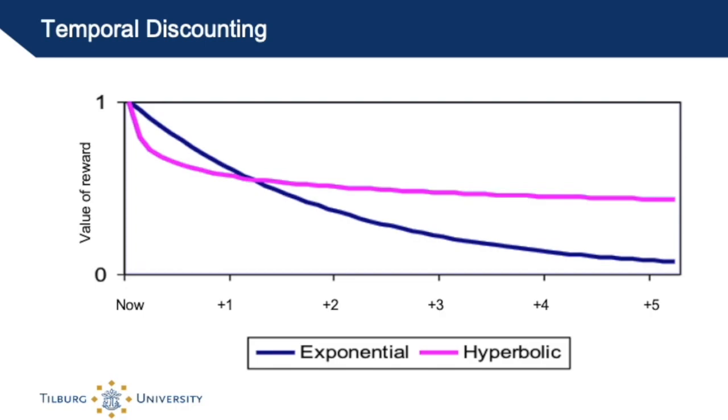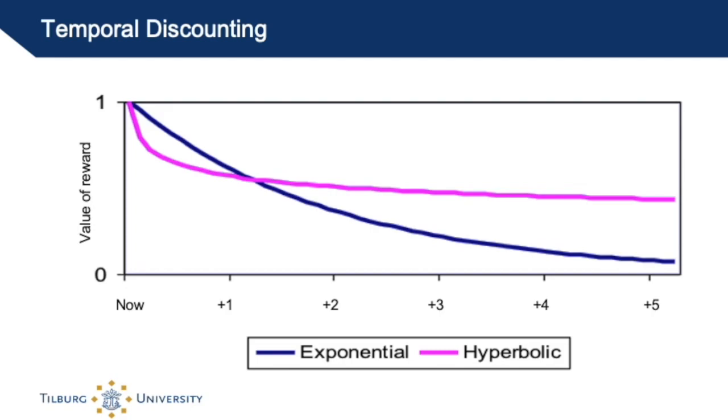So now versus in an hour matters and makes a big difference in how much I value a certain reward. But in an hour compared to in 5 hours, that doesn't make such a big difference anymore.